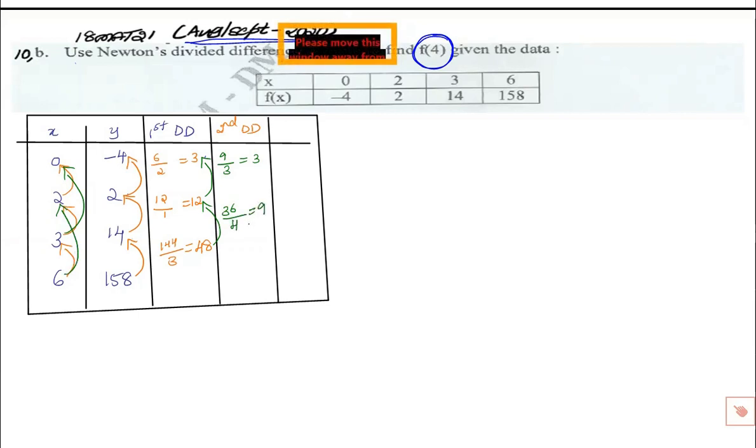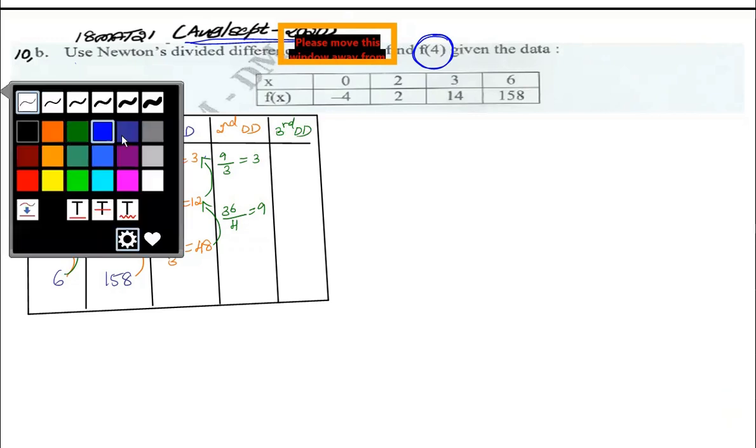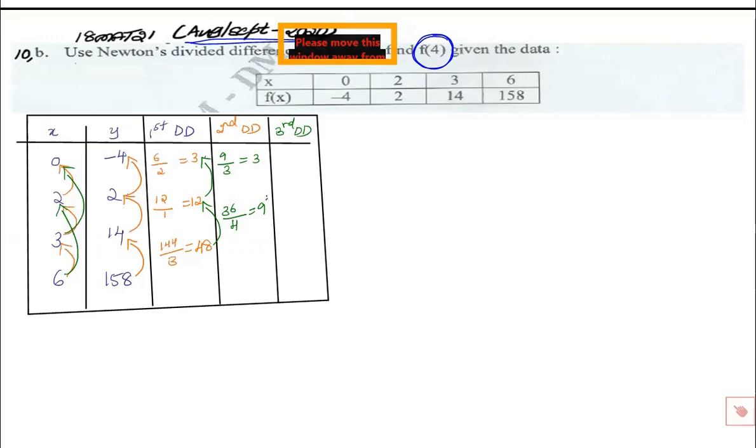So answer is 9. The last one, third divided difference here: 9 minus 3, that is 6, divided by 6 minus 0. So the answer is 1.